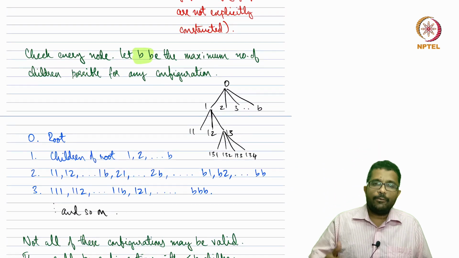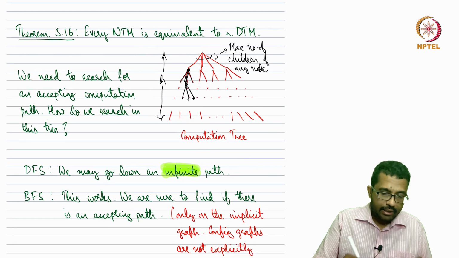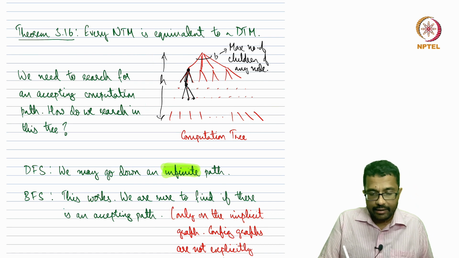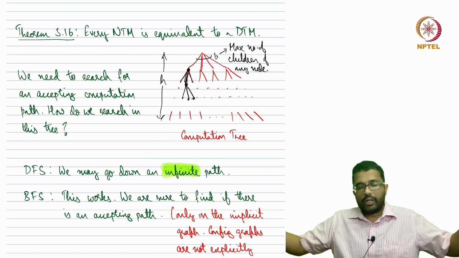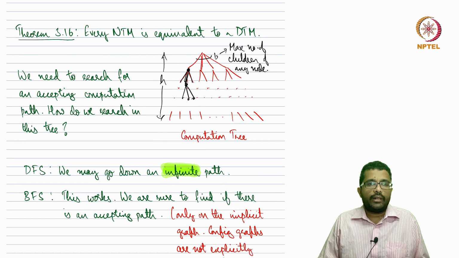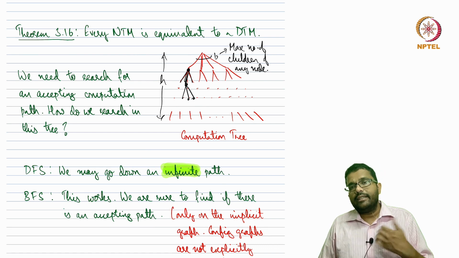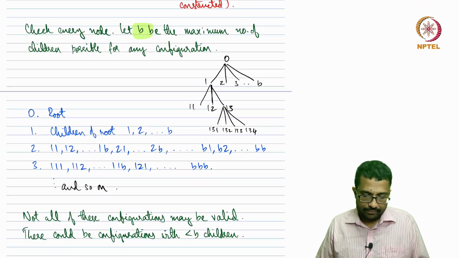In this simulation, we mentioned that we may be losing out on time, because a non-deterministic Turing machine may take only h time to compute this tree, whereas a deterministic Turing machine will take b power h time to try out all the possibilities. But that's okay. We are not bothered about resources now. Perhaps later in the time complexity chapter, we'll see how many resources this takes.